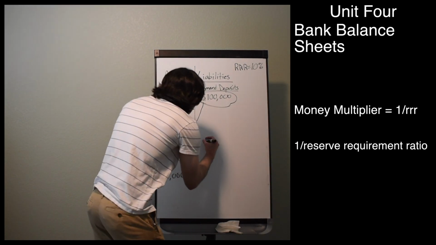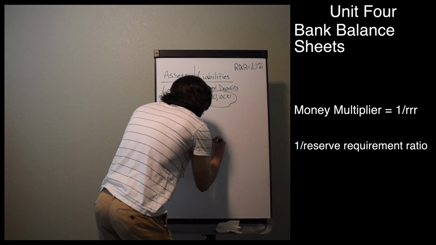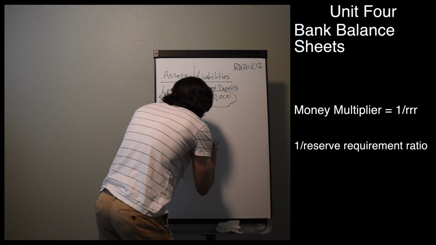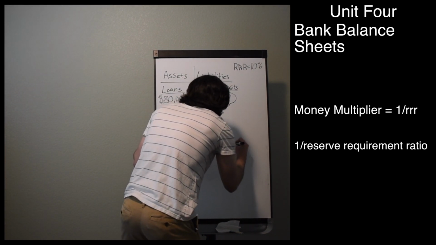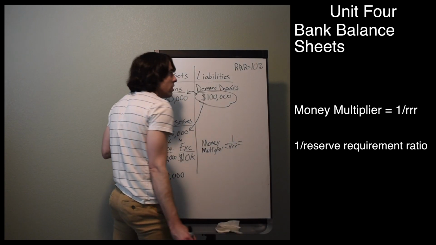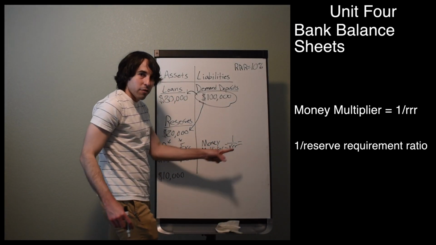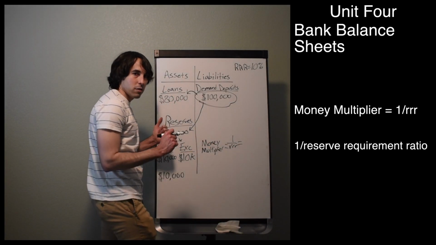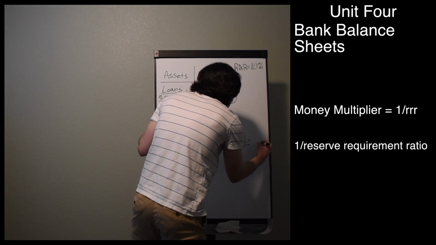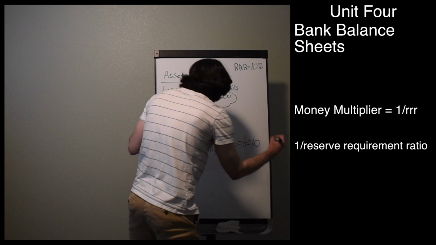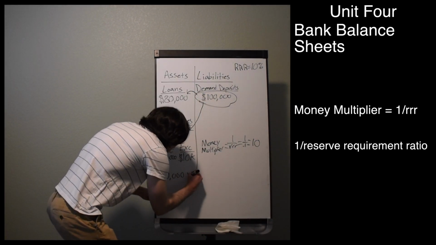The money multiplier formula is 1 over the RRR, or 1 over the reserve requirement ratio. Right now that's 1 over 0.1, and 10 cents goes into $1 ten times. So our money multiplier is 10.